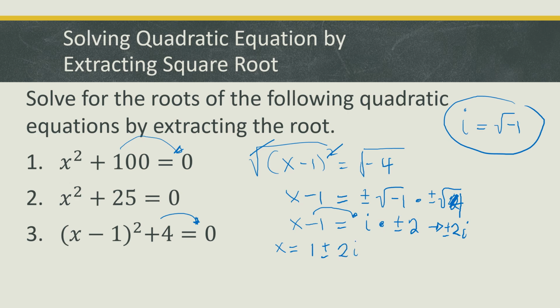So since we cannot simplify that, we can just have our two solutions. 1 plus 2i, and the other one is 1 minus 2i. So these are now the two solutions of the given equation. Alright? So that is how we're going to use the extracting square root method.